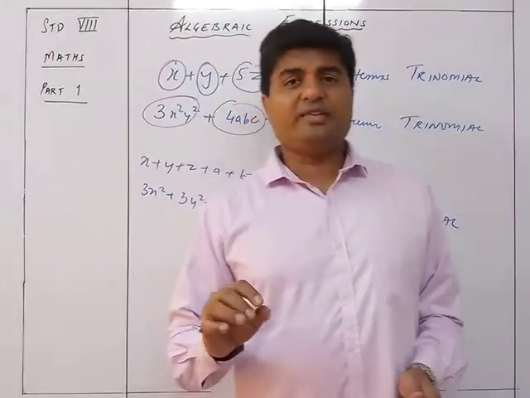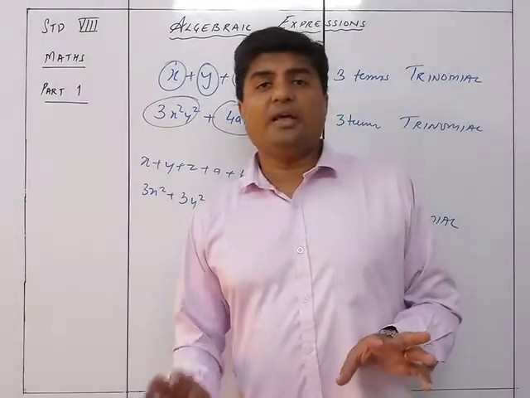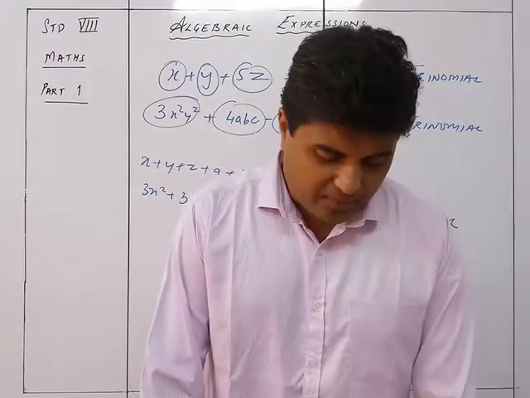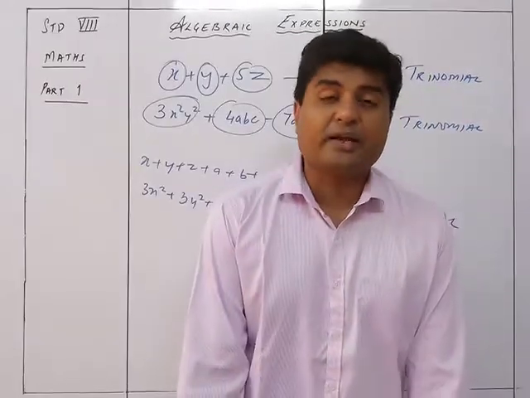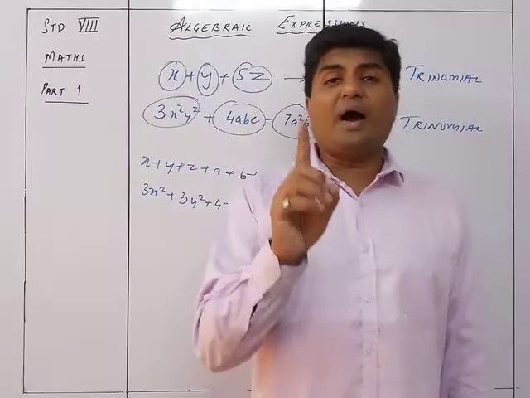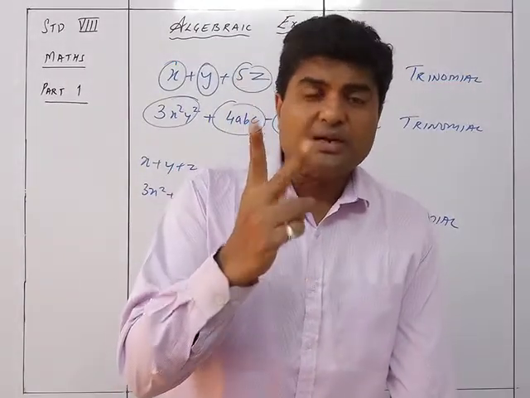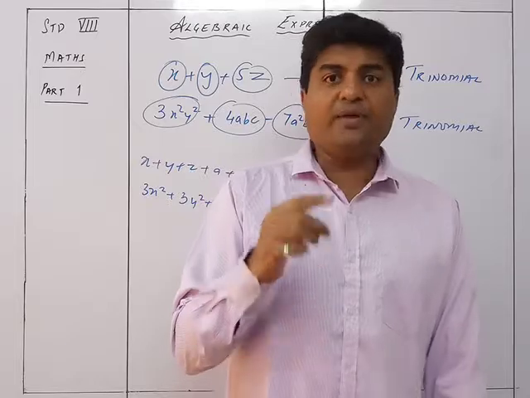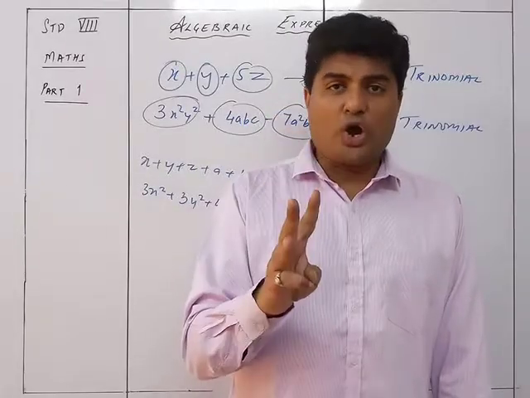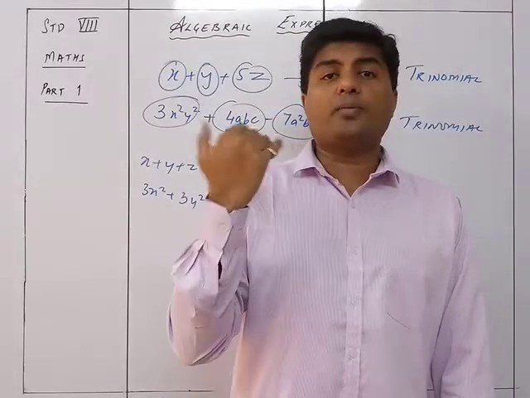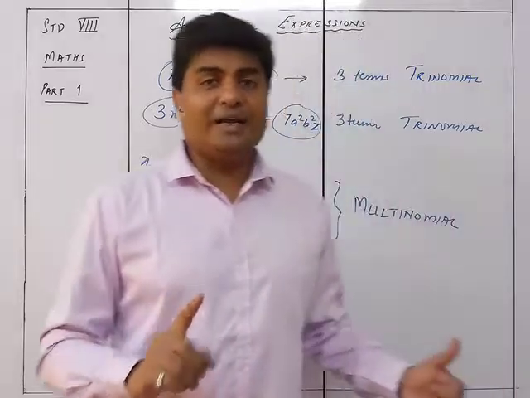So the types of algebraic expressions are: if there is only one term, it is a monomial. If there are 2 terms, it is a binomial. If there are 3 terms, it is a trinomial. If there are 4 or more terms, it is a multinomial.